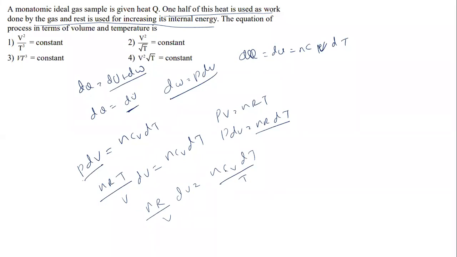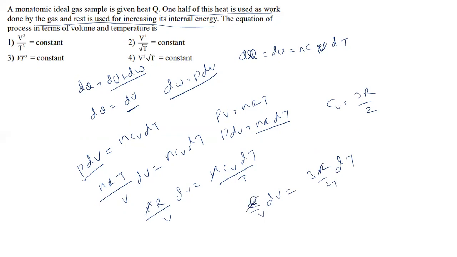What is the Cv value for a monoatomic gas? This Cv value is equal to 3R by 2. So n cancels. R by V dV is equal to 3R by 2 dT by T. These R also cancel.